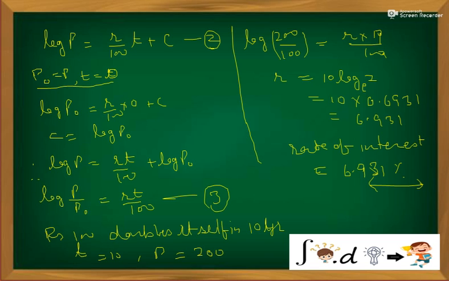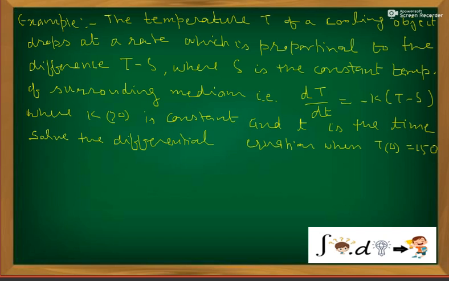And now we have to discuss another example, that is the last. Now in this example we are given that the temperature T of a cooling object drops, that means the temperature is decreasing at a rate which is proportional to the difference T minus S, where S is the constant temperature of the surrounding medium.